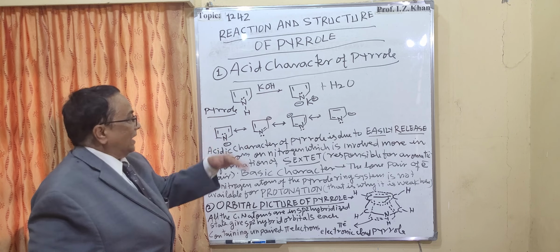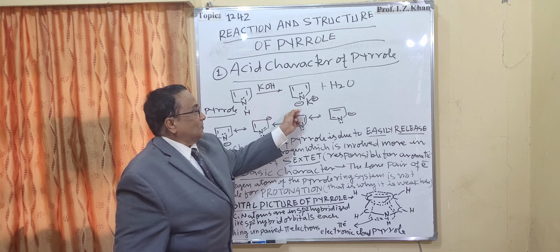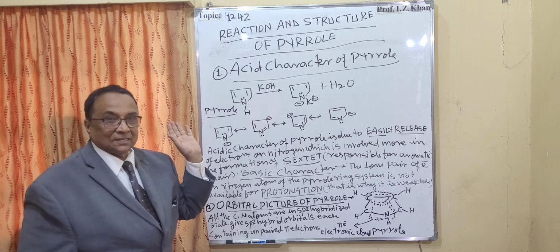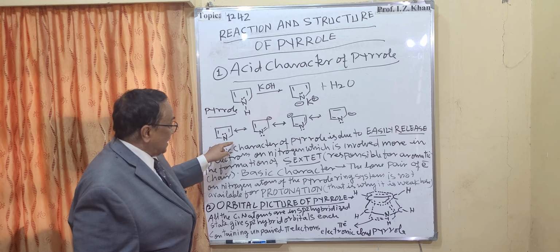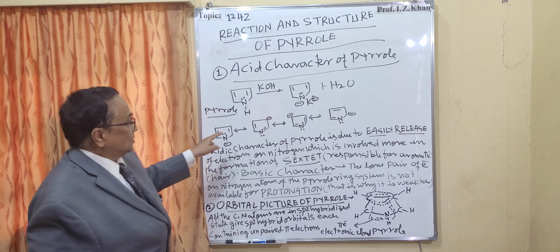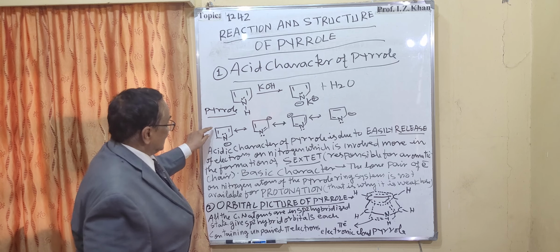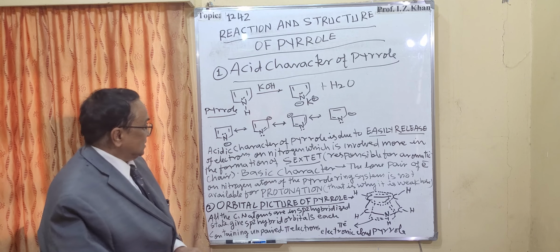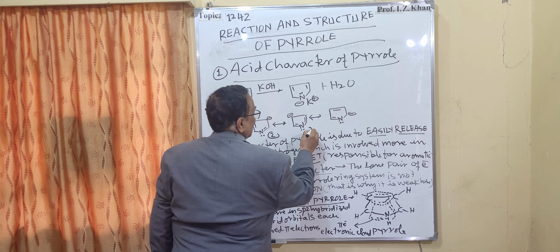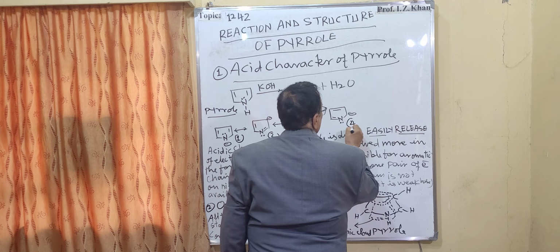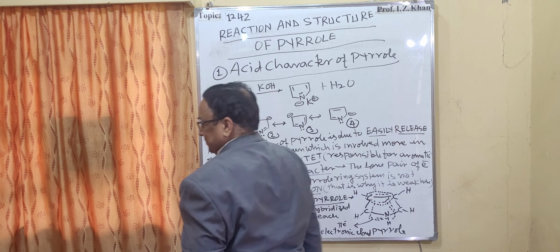When hydrogen leaves, there will be a minus charge formed here, because H positive is substituted by K positive, and this minus is resonating to each carbon. This is the first resonating structure, then the second, then the third, and the fourth. So it has 4 resonating structures where this minus charge is delocalized.